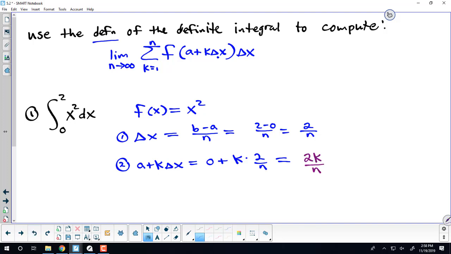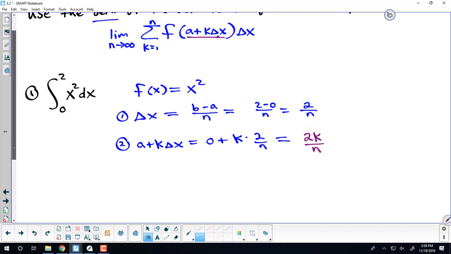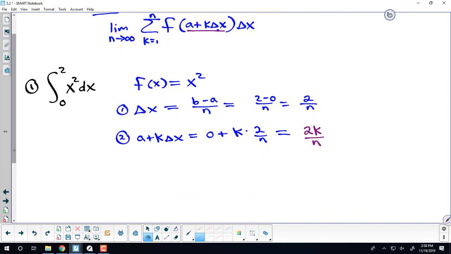Okay, so the a plus k delta x is then evaluated, the function is evaluated rather at a plus k delta x. And our function is just the squaring function, so it's going to just take the input as 2k over n and square that.